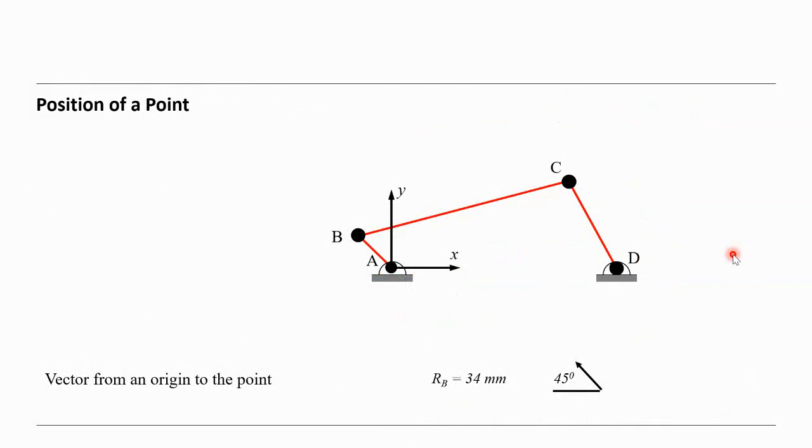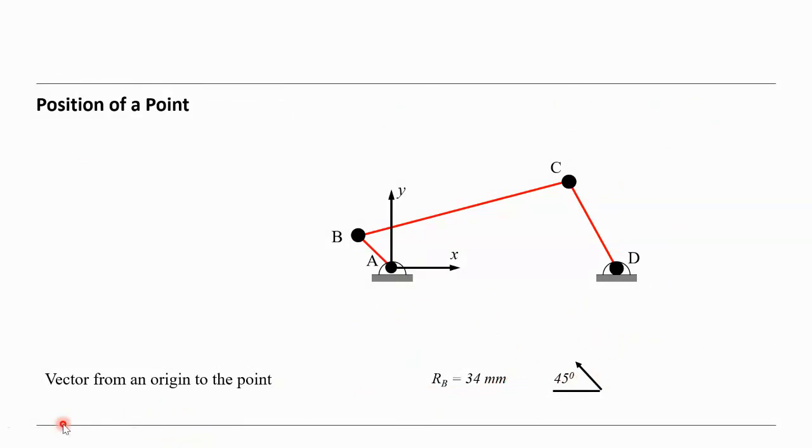So let's come here and say position of a point. So first of all, position of a point. So vector form an origin to the point. So let's say any point here, we have here the X and Y coordinate system. Position of a point means the magnitude of the vector and the angle.